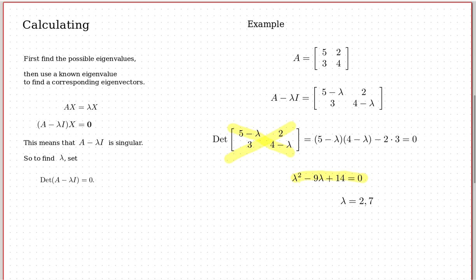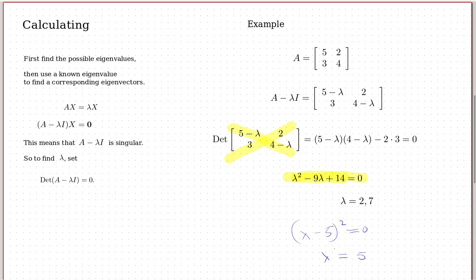So for example, conceivably, even in this small example, I could have had a quadratic expression here that was a perfect square, and then I would have had a repeated root. So for example, the equation might have been lambda minus 5 squared equals 0, and then we would have found that there was only one eigenvalue 5, which is a double root of this equation.